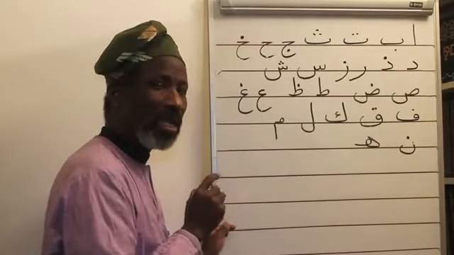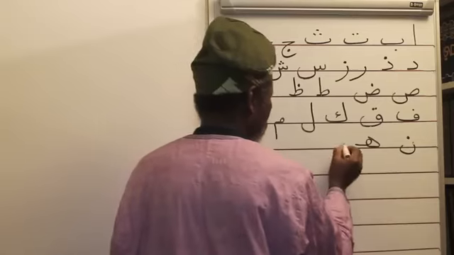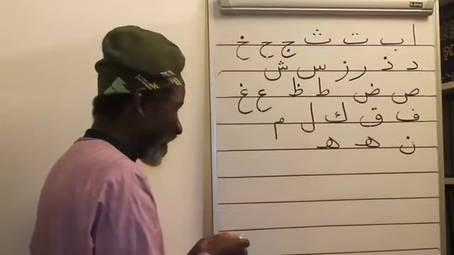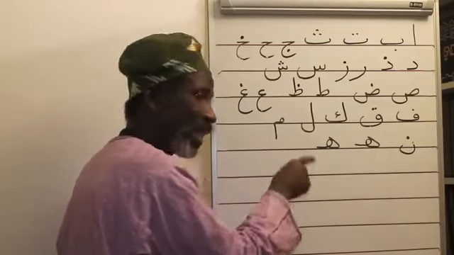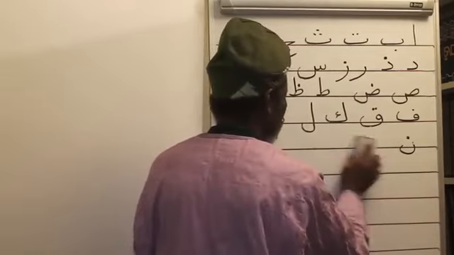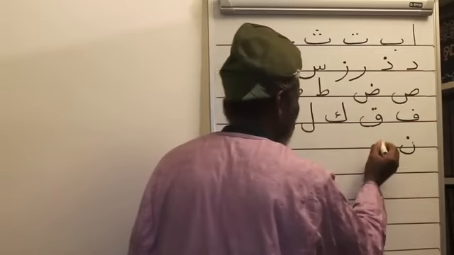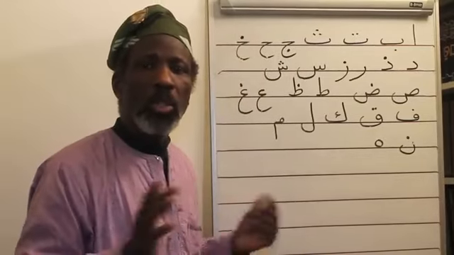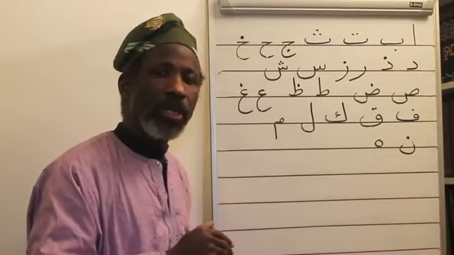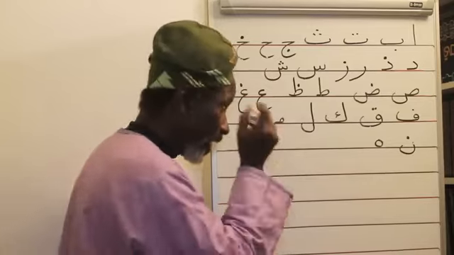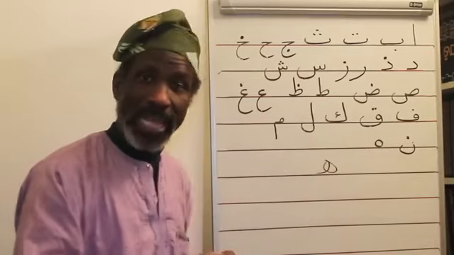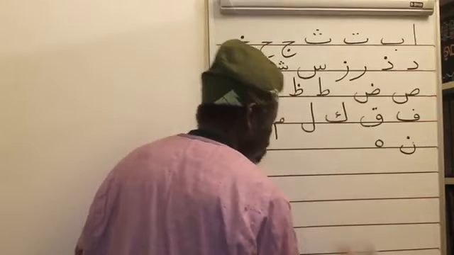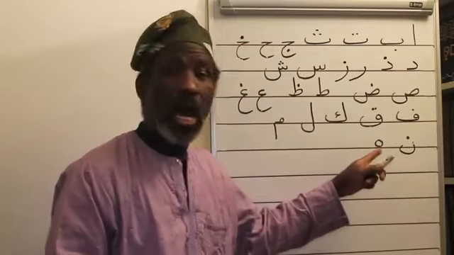In isolated form, you will see that later on, you write it this way, just round, like an O. No dots, nothing, just sitting there pretty. Later on you will come across it like this, but I will explain it to you then. So let's write it like this. That's your Ha.